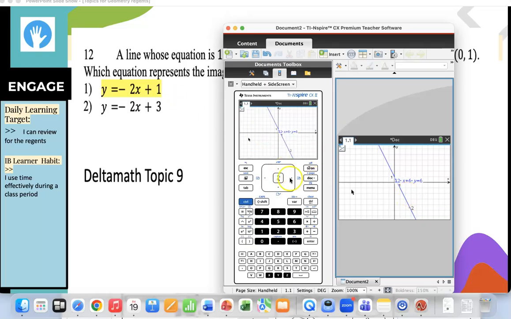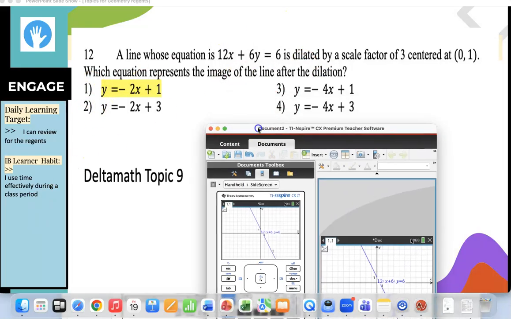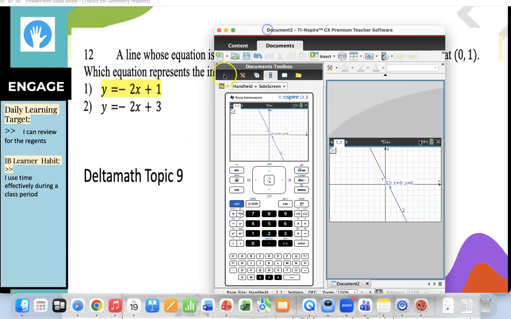And if you notice the answer choices now, there's only two answer choices with the option of -2 as the slope. And then we already said the y-intercept is 1. So that's why this is our answer, because the equations have to be the same.